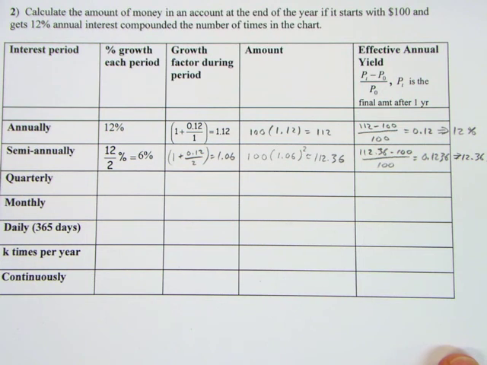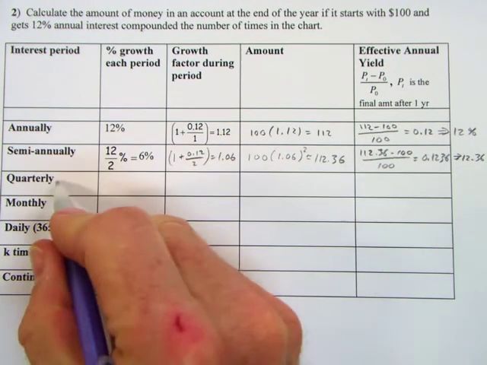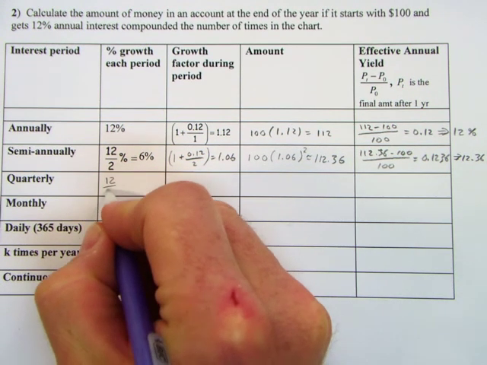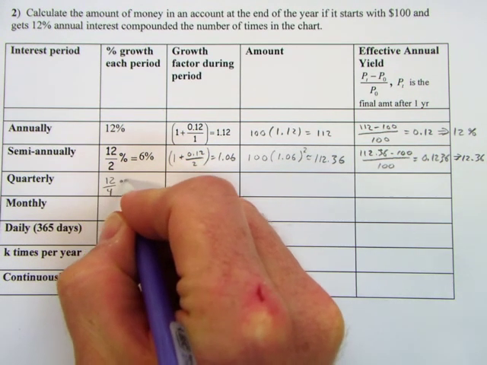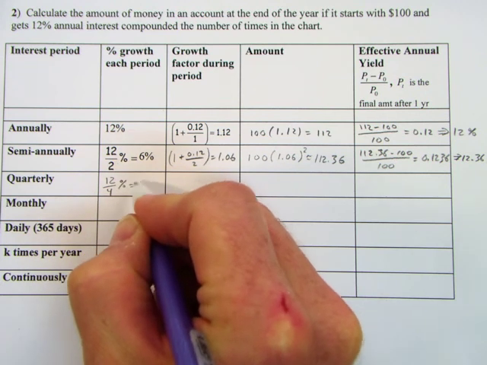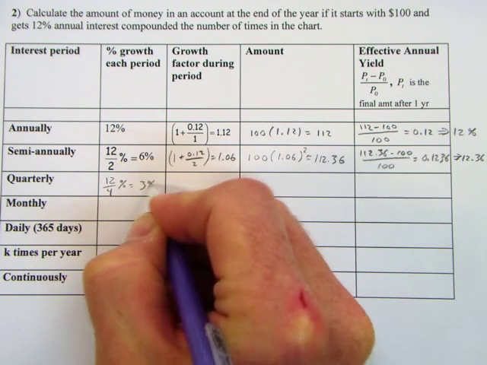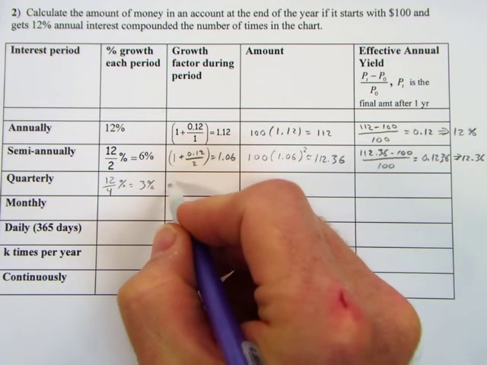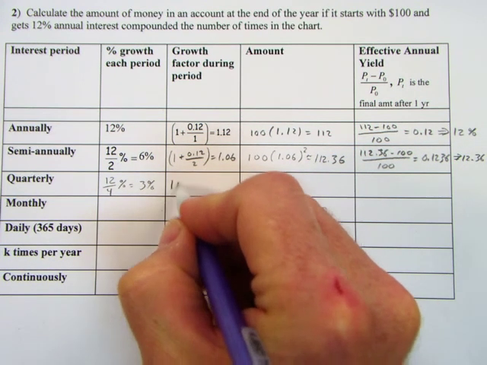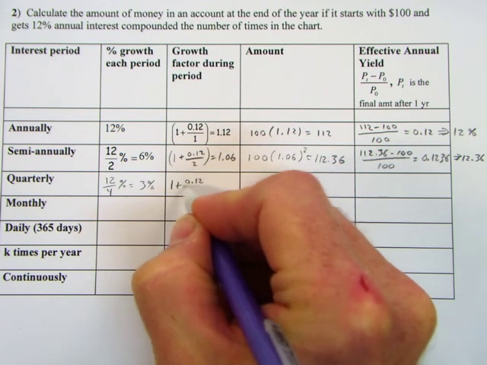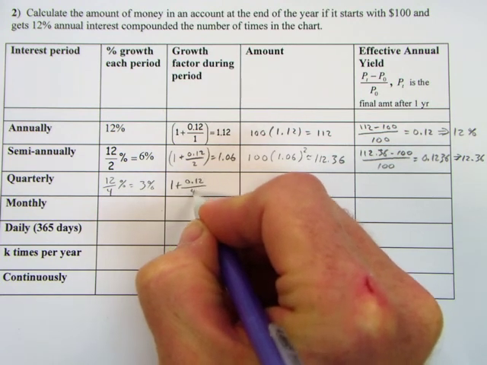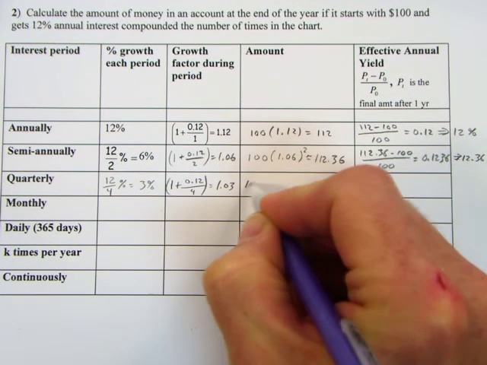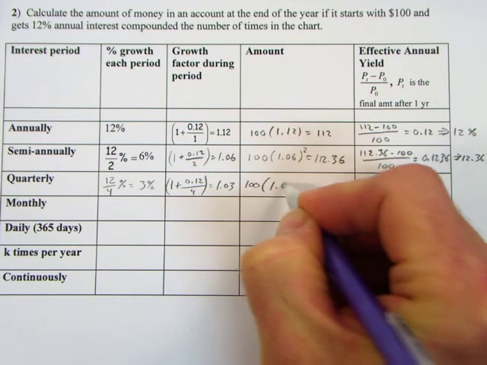So now we need to do this again quarterly. How many quarters are in a year? We have 4 quarters in a year, so we'll take our 12%, divide it by 4, and we get 3%. So that's saying each compounded period we get a 3%. We'll take our growth factor, 1 plus 0.12 divided by 4, and we get 1.03. Now this time, we have 100 times 1.03 to the what power?